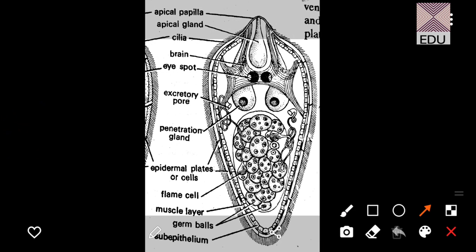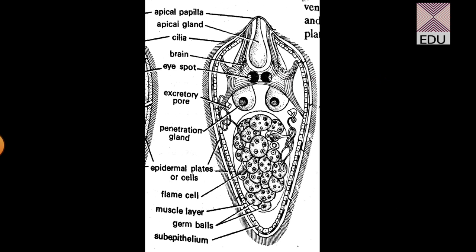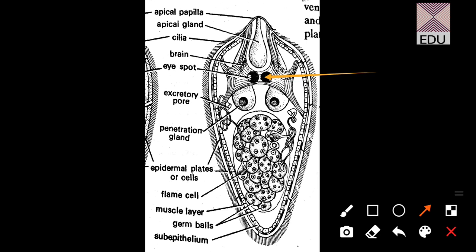The first thing is the presence of the eye spots. These are the 2 eye spots present in the miracidium, with which it can find the Limnia snail. So this is the larval stage which finds the Limnia snail. So these were the eye spots.